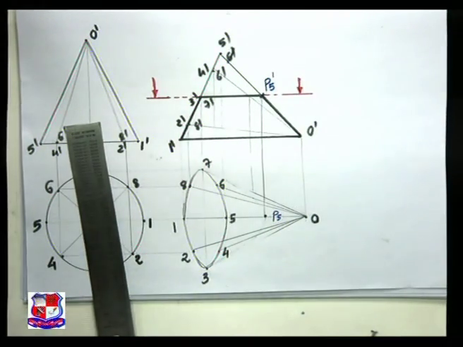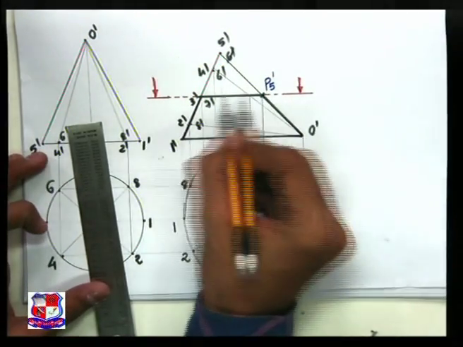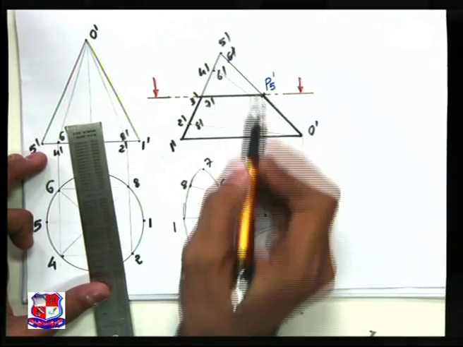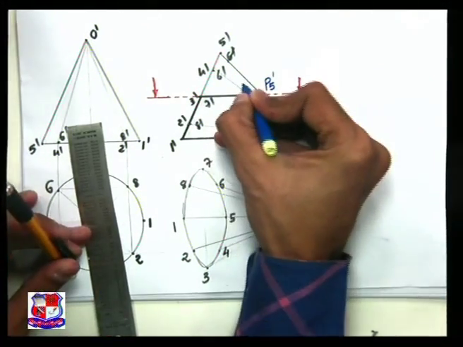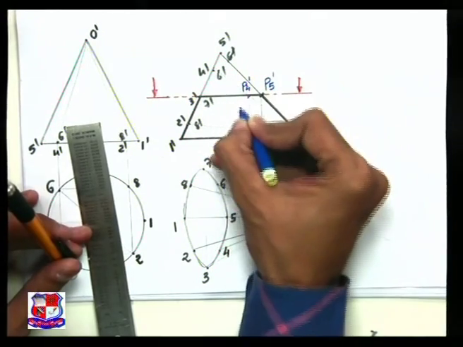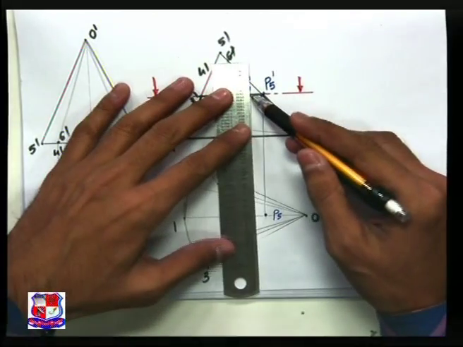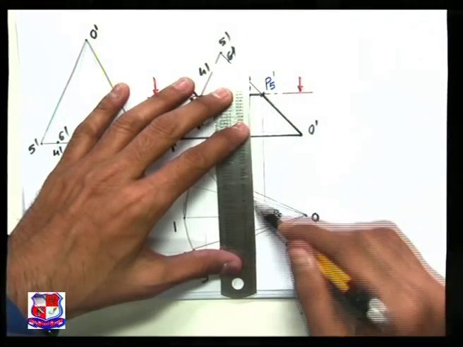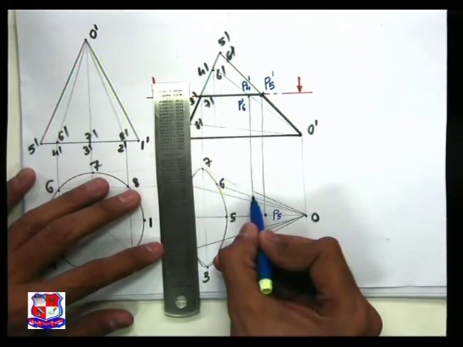Similarly, another point would be here, intersection of this cutting plane and O dash 4 dash and O dash 6 dash. So here 2 points would be there, point number P4 dash and point number P6 dash. And from this point, draw a straight vertical line like this, and that will cut the generator O6.